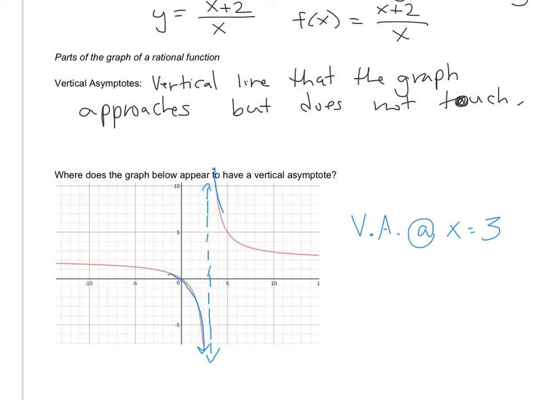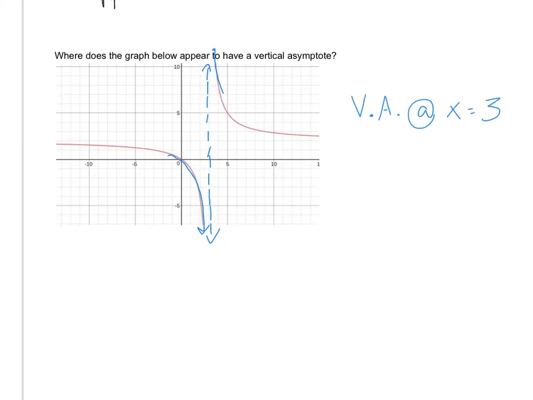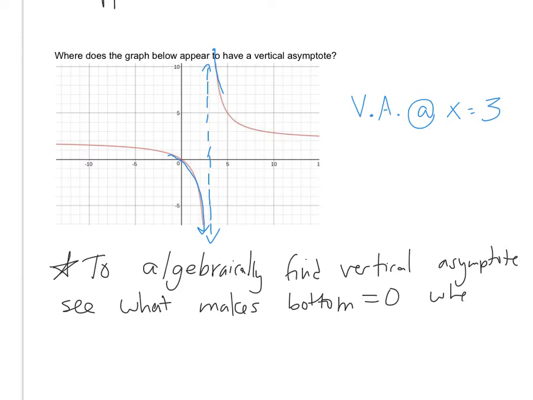There is definitely an algebraic way to find these, where you can very easily find the vertical asymptote. If you have the equation, to algebraically find the vertical asymptote, just see what makes the bottom 0, when your function's in lowest terms.